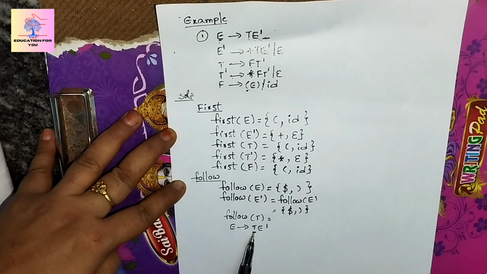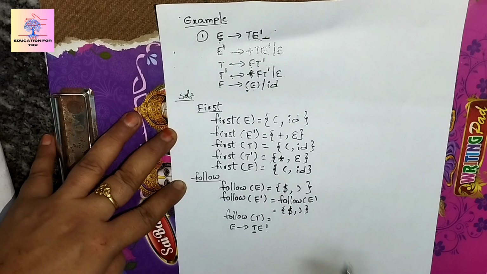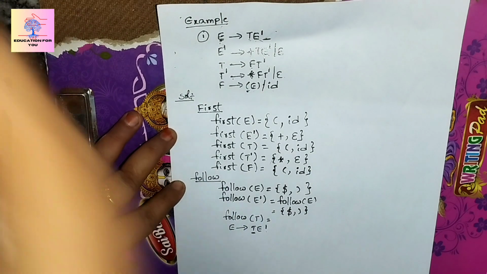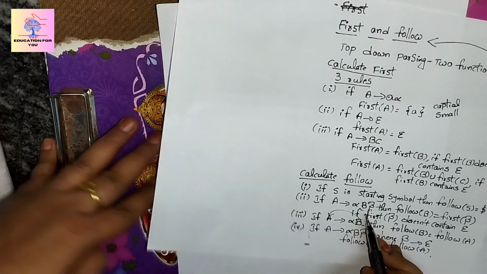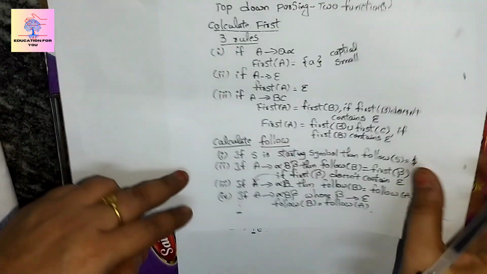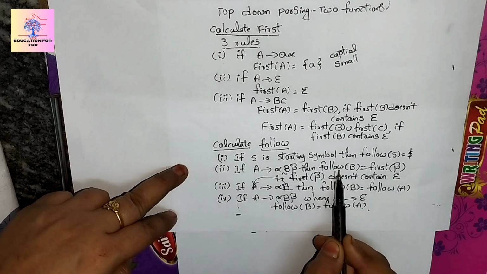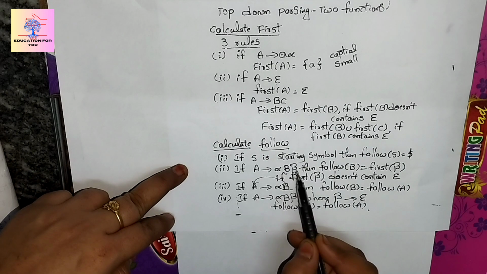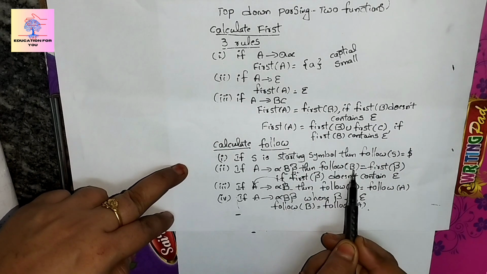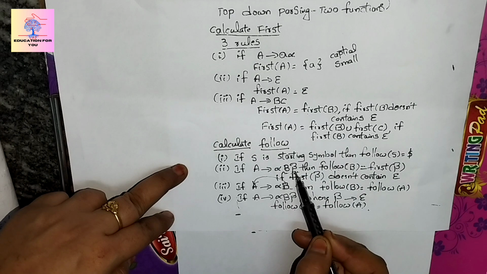So if something is there after the T, then what is the rule? What I said the rule here. So look here. If you are going to calculate follow of B, something is there after the B, right? So at that time, follow of B can become as first of beta.